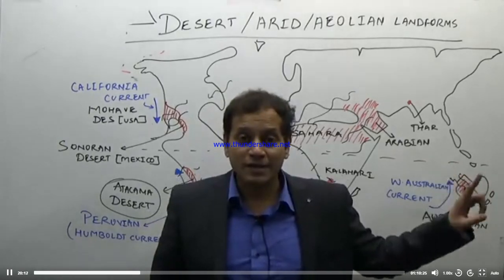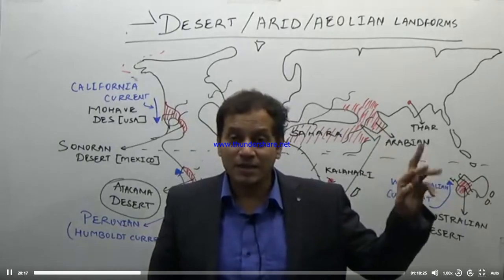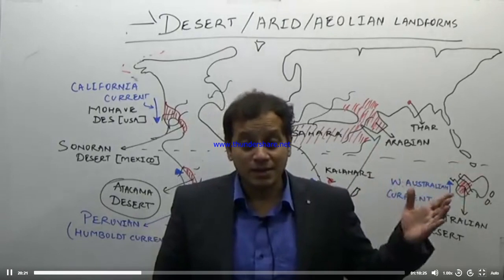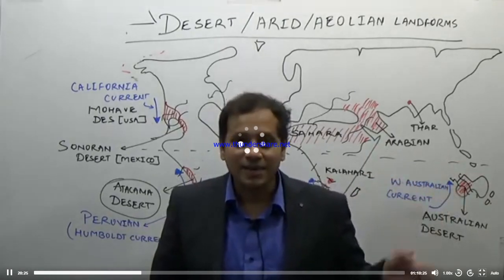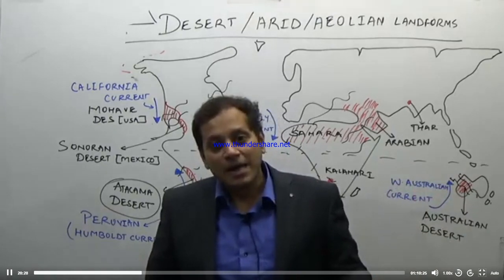So Mojave Desert or Sonoran Desert by the Californian current, Atacama Desert, the driest desert in the world, by the Peruvian current, Arabian Desert, Sahara Desert by the Canary current, Namib Desert by Venezuela current.